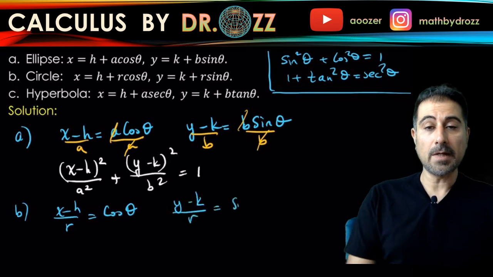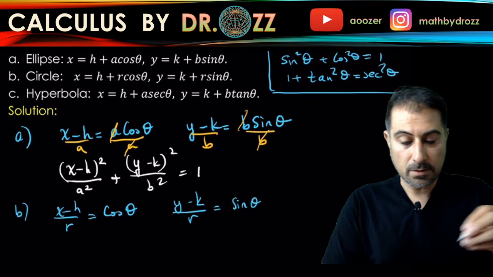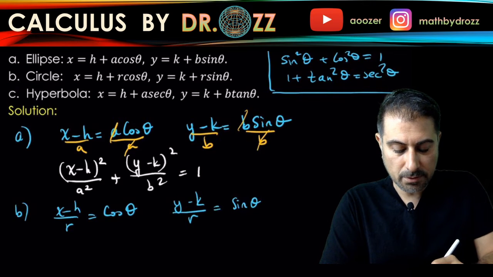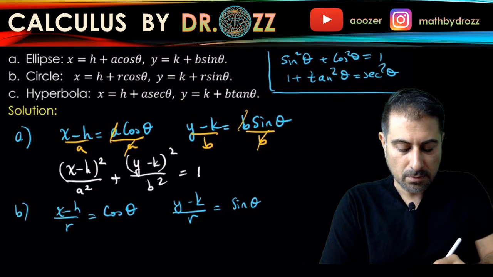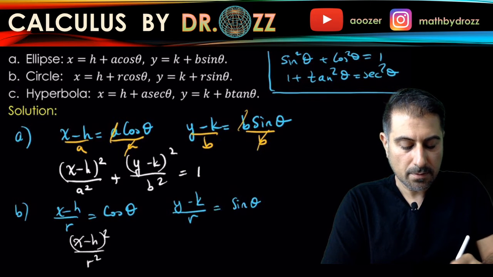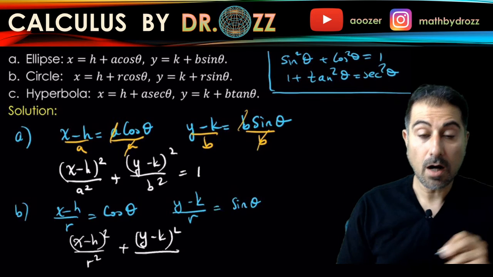I'm going to use the same Pythagorean identity to get down to the equation of a circle with center (h, k) and radius r.